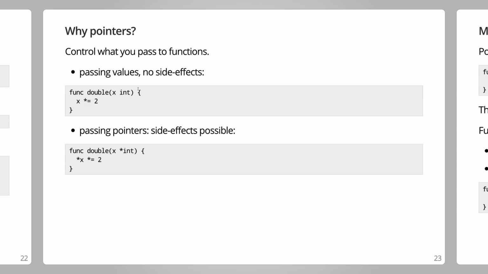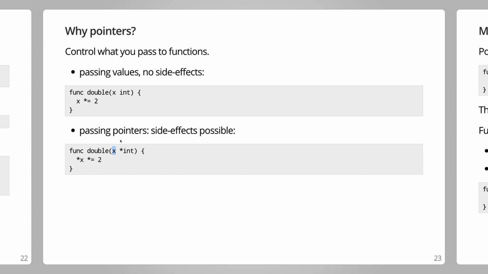So we're not making any changes. However, if we pass this x as a pointer, then it's possible to see the effect of this double function here. Here we're passing the variable x, but that is a pointer to an int. And in order to use the pointer, we have to use the dereference operator here. We're still doing the doubling, or the multiply by 2, and we're now actually changing the actual value of the passed in variable x.